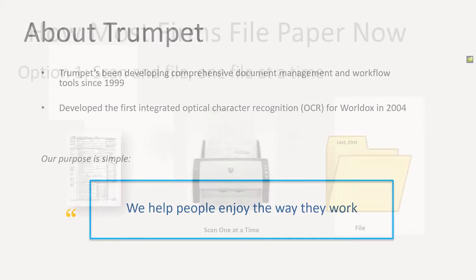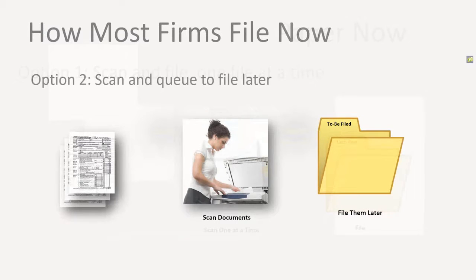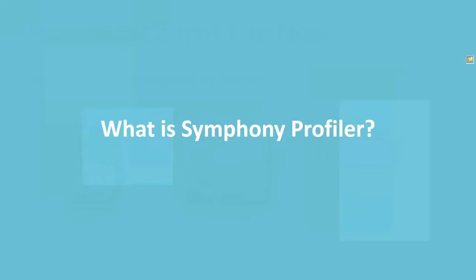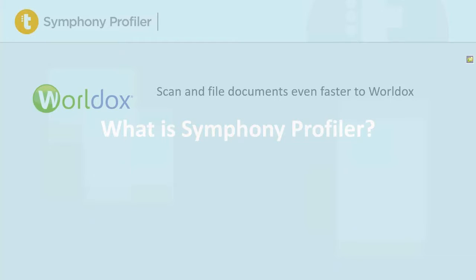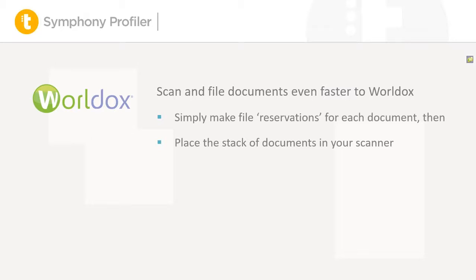And so Robin is from a company called Trumpet, the maker of many products, but two that we work with. One is Symphony OCR, which we did talk about last month in our Coffee Pot webinar series. And so we have brought Robin back this month to talk about Symphony Profiler.